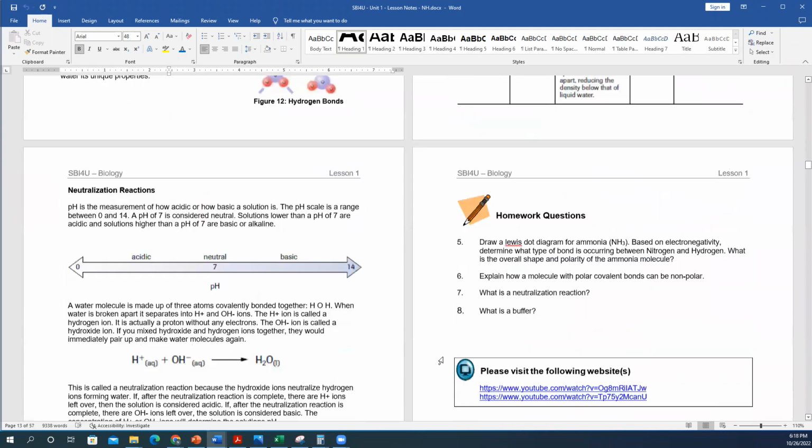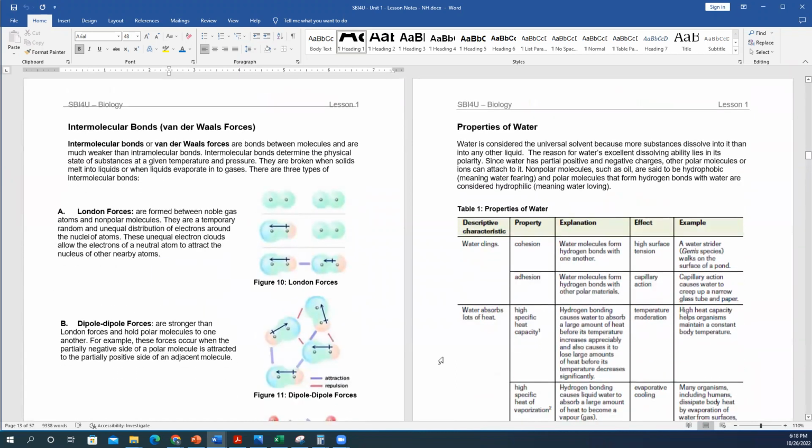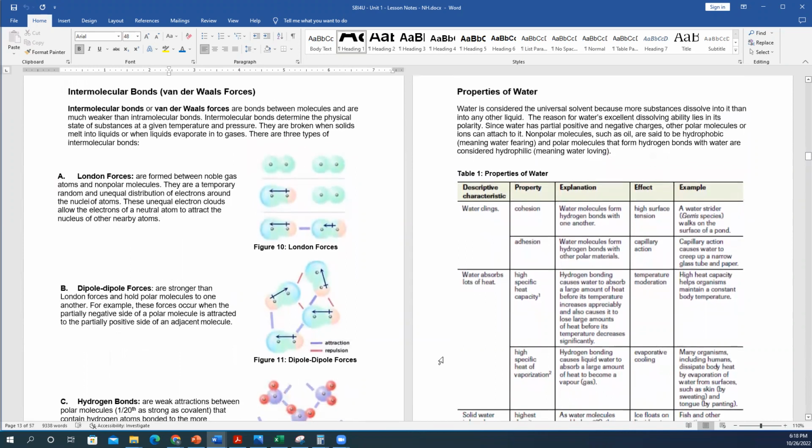Okay, we talked a little bit about the properties of water. We talked about its importance in terms of being a universal solvent, because it's able to dissolve many different types of solutes, and it's universally present in almost all types of life forms, and it's present in the cytoplasm of cells, and it's really the medium that holds all the molecules together in the cell.